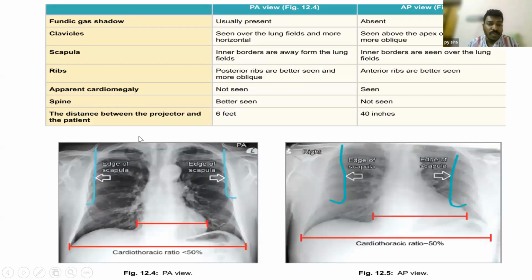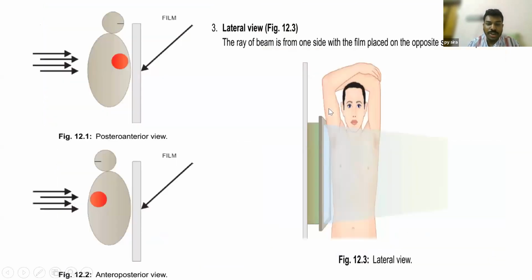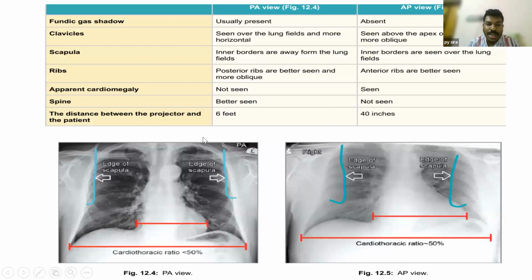Now, whenever you have a patient coming to you with the X-ray being taken, what you're going to see is the clavicles. So when the clavicles are seen over the lung fields and more horizontal, then it is going to be more of a PA view.